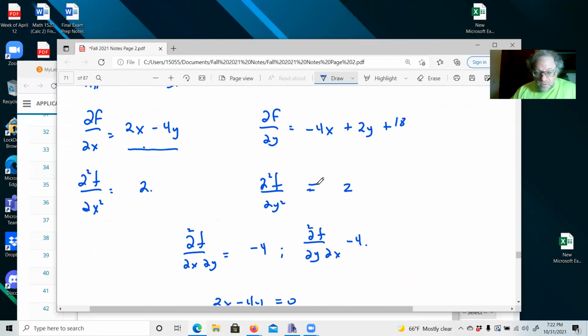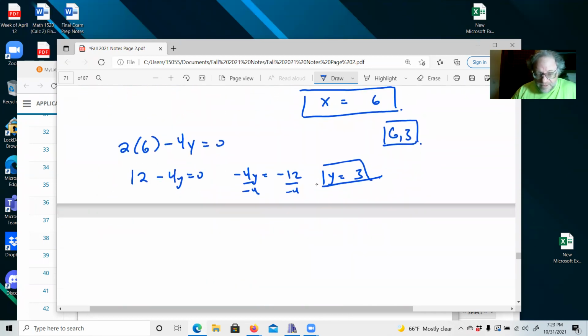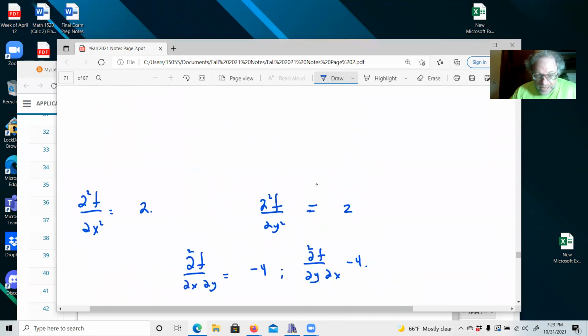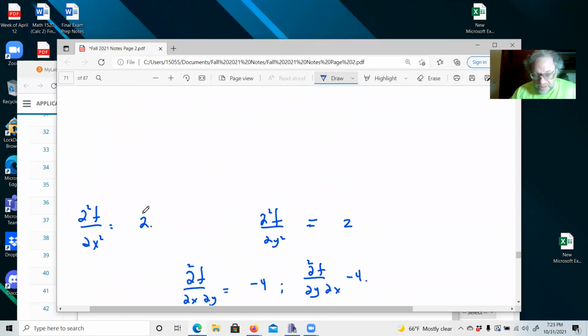So we're going to calculate the determinant. That's the D. It's a determinant here, and if you take linear algebra, we'll do that there.